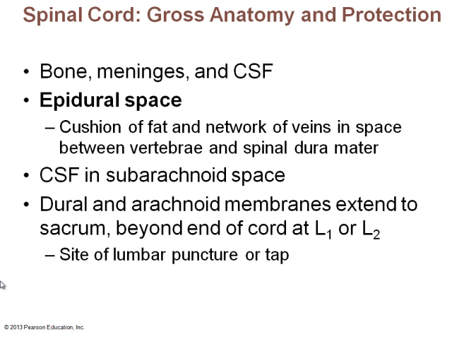And then we also need a place to hold in all of the massive amounts of blood vessels that are going to help feed the neurons of the spinal cord as well. So we have cerebrospinal fluid in those spaces. We have the meninges, the dural and arachnoid membranes that extend all the way down to the sacrum.